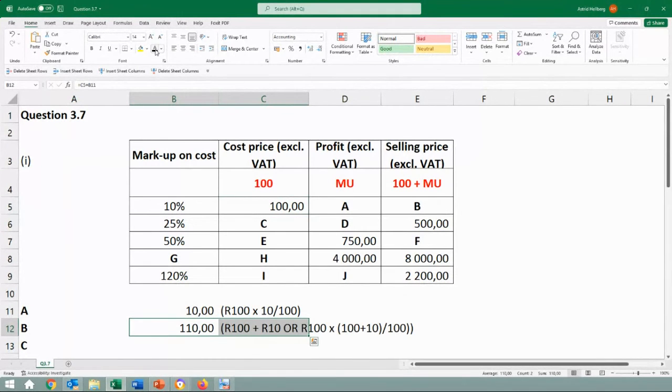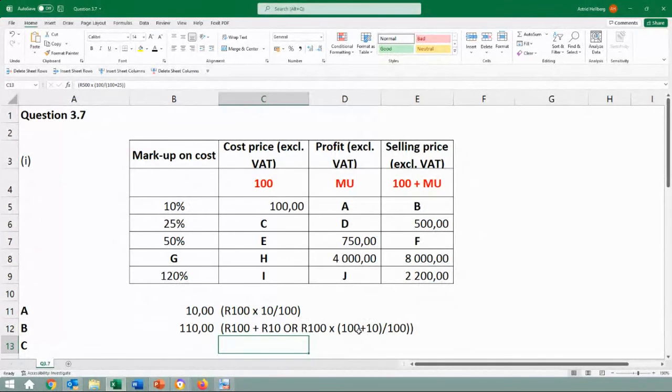There are different ways of calculating it, so I've added both calculations here for you. You could either take the 100 Rand and add the 10 Rand that you've calculated, or alternatively, you could have taken the 100 plus the 10%, which is the percentage the selling price represents, which is 110.